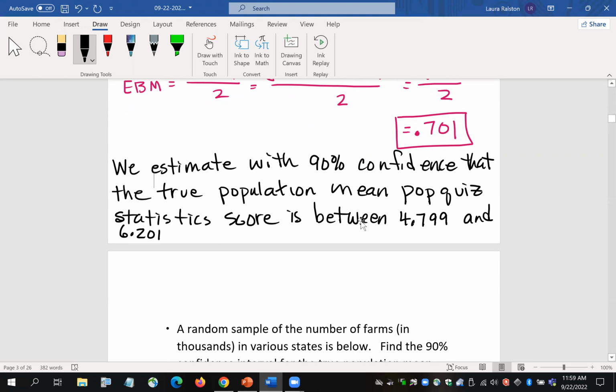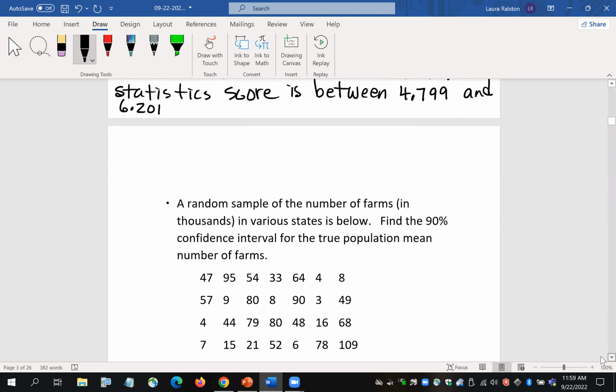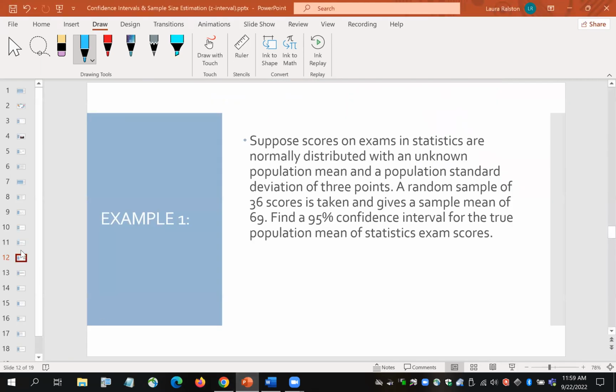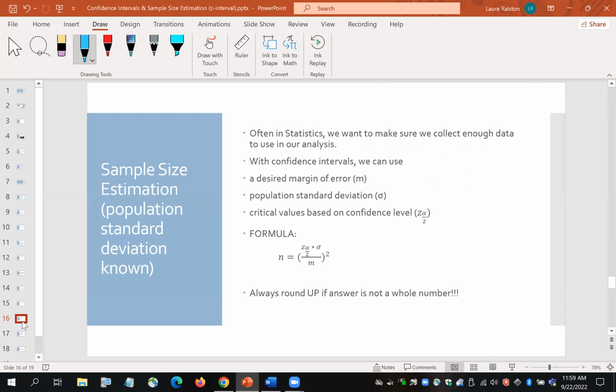I want to skip the fourth example for just a minute, and we have about 16 minutes left, and I want to go down and talk about the sample size estimate.